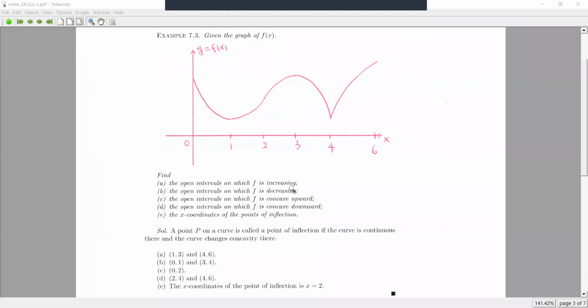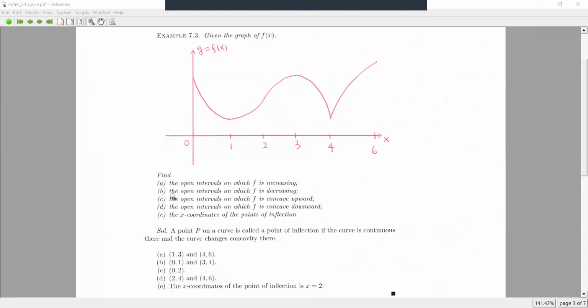So where the function is increasing. From 1 to 3, the curve is increasing. From 4 to 6, the curve is also increasing. So the answer to this question is the open interval 1 to 3 and 4 to 6.